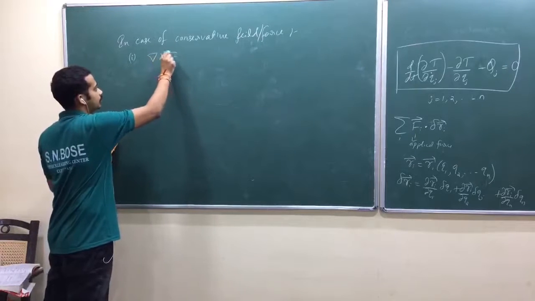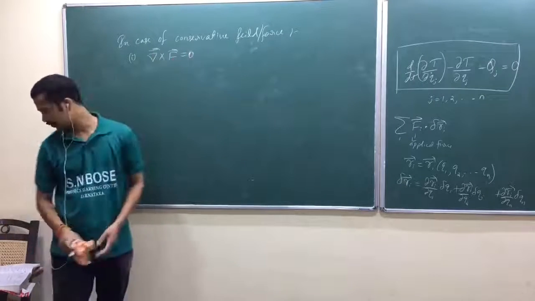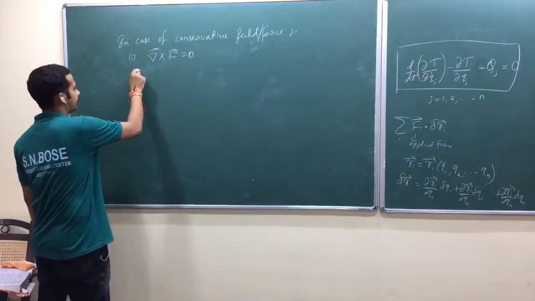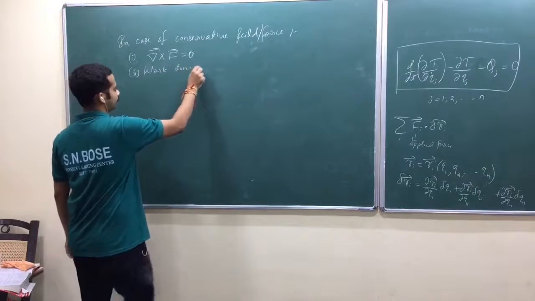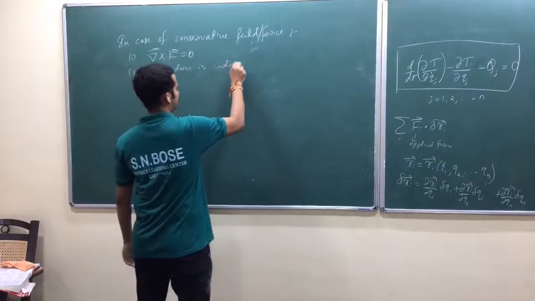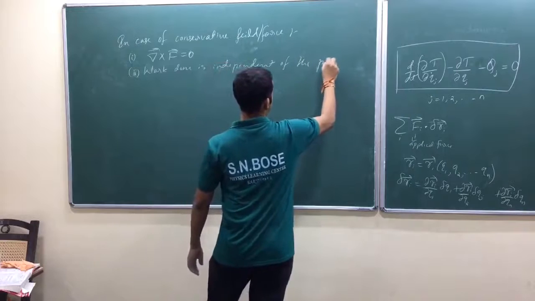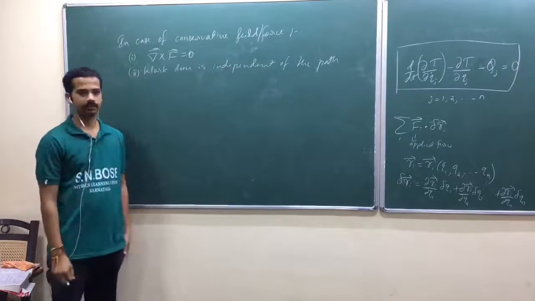We shall discuss this in electrodynamics. The curl of the force will be 0, and the work done is independent of the path. It depends only on the end points, am I right?